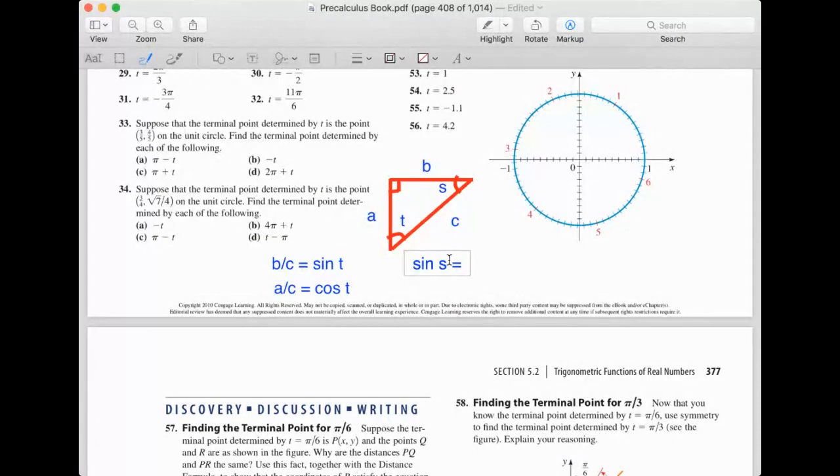So that equals A over C. Similarly, let's think about cosine S. According to the definition, cosine S is the side adjacent to the angle S over hypotenuse, which is B over C.